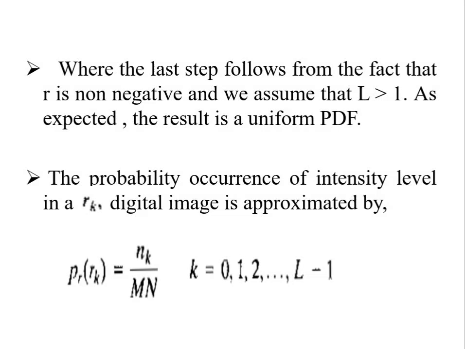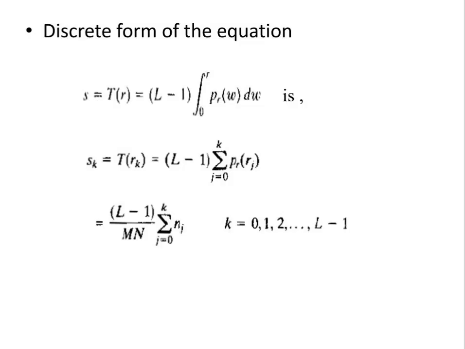As noted in the beginning of this topic, a plot of p_r(r_k) versus r_k is commonly referred to as a histogram. The discrete form of the equation is s_k equal to T(r_k), which is equal to (L minus 1) times the summation of j equal to 0 to k of p_r(r_j). Here p_r(r_j) is represented in the form of n_j, therefore (L minus 1) upon MN times the summation of j equal to 0 to k of n_j, where k lies from 0 up to L minus 1.